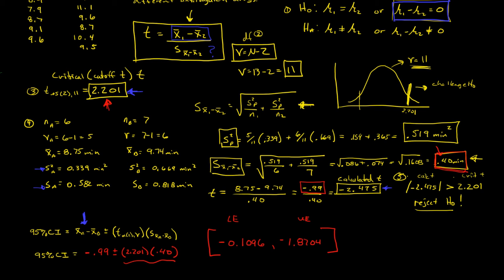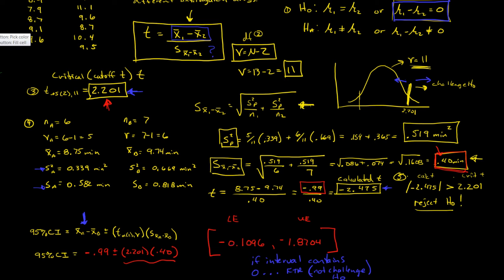If I'm to the left of this line, I'm saying 0 is a possibility. If I'm to the right of this line, I'm saying 0 is not a possibility anymore. And what does my interval contain? If my interval contains 0, what would the outcome be? The outcome would be I would fail to reject, i.e. not challenge the null.